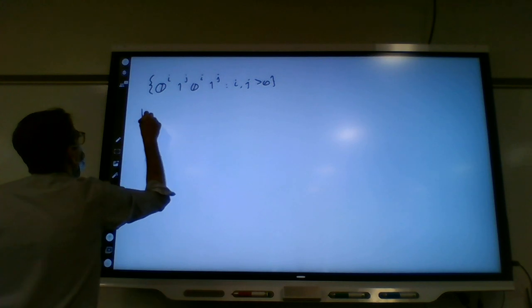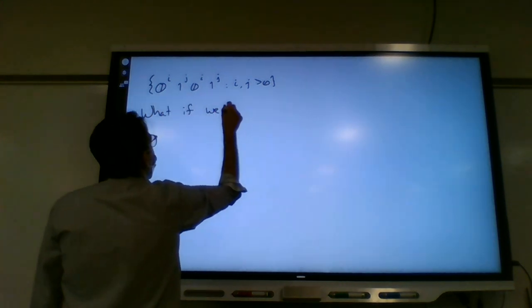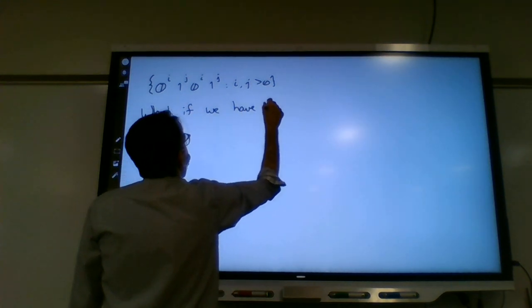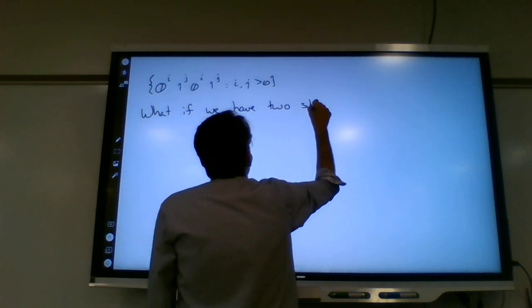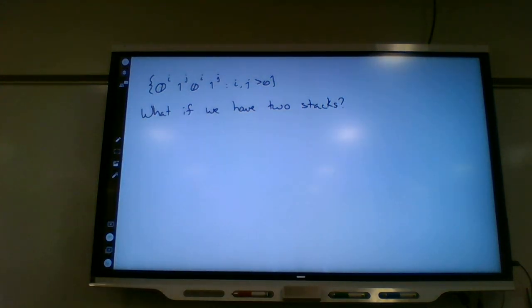What if we had 2 stacks? Can we do this with 2 stacks? Potentially.